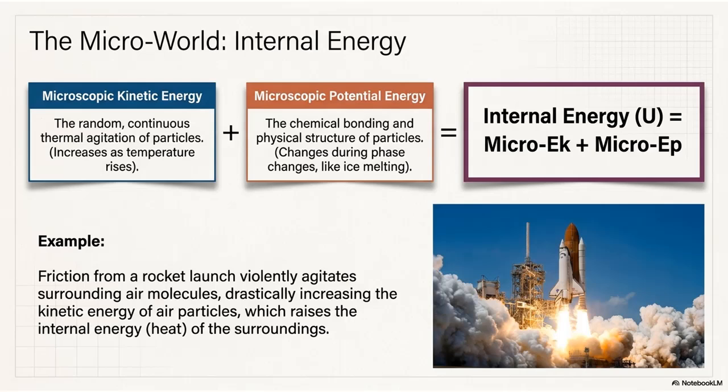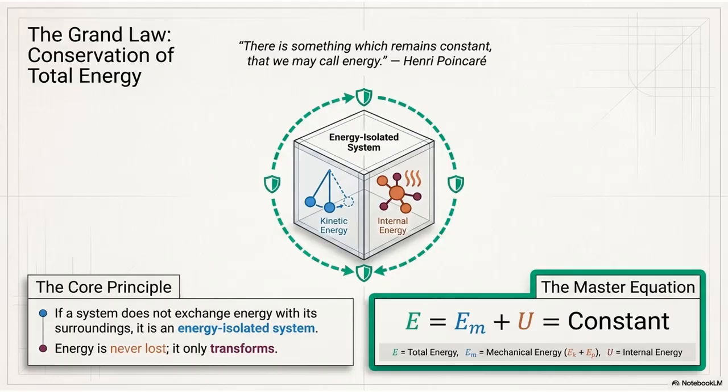The bonding and forces between particles, which changes during physical phase changes like melting, is the microscopic potential energy. The total energy E of any system is the sum of its mechanical and internal energy: E = EM + U.